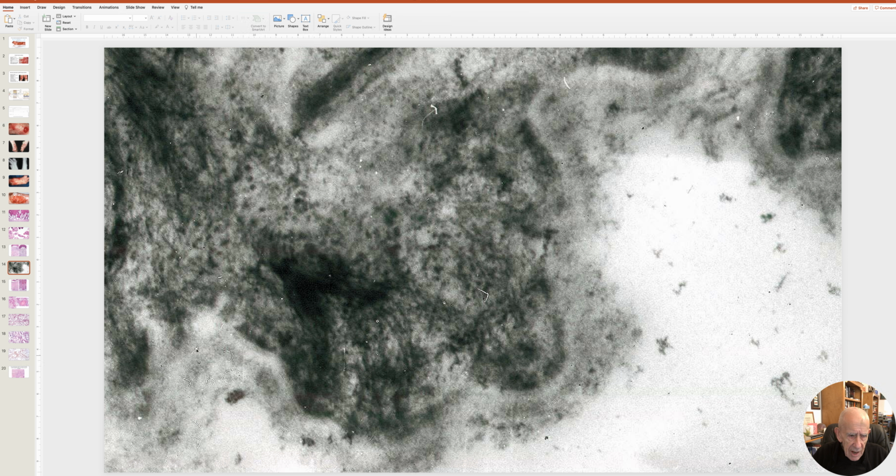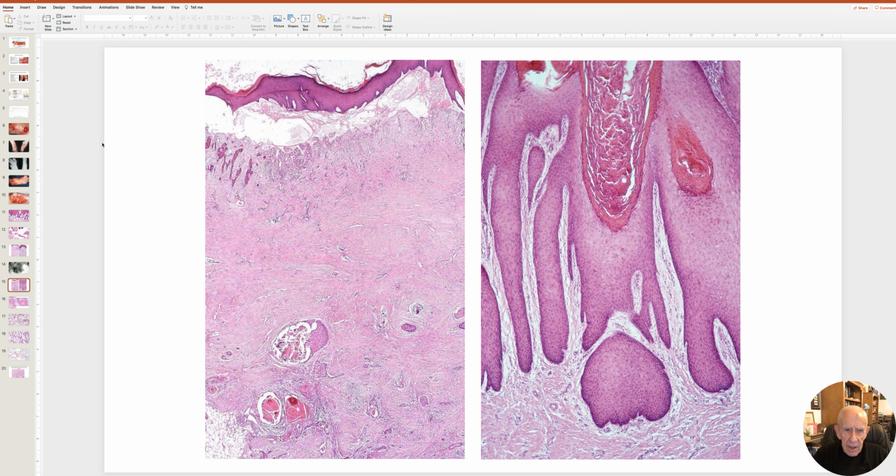But basically, if you work your way along the lamina densa, as I'm doing with the cursor, there are no anchoring fibrils other than those two. Maybe that's one there, but basically they are very much reduced in number to almost absent. So that's electron microscopy of recessive dystrophic EB.